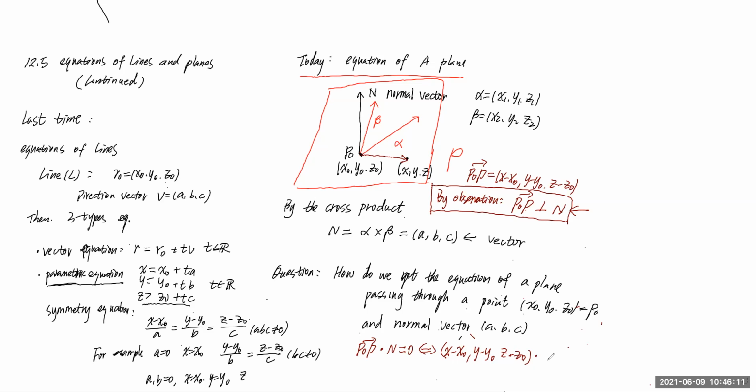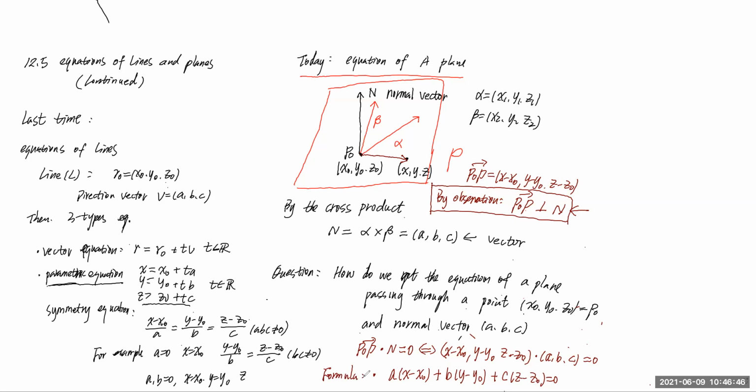The normal vector, we assume it's A, B, C. Okay, this should be 0. And then we write it out, we get A times x minus x naught plus B times y minus y naught plus C times z minus z naught is 0. So you can say this is a formula, okay?